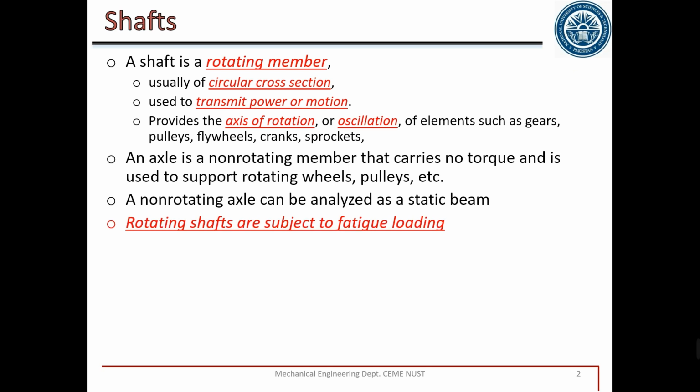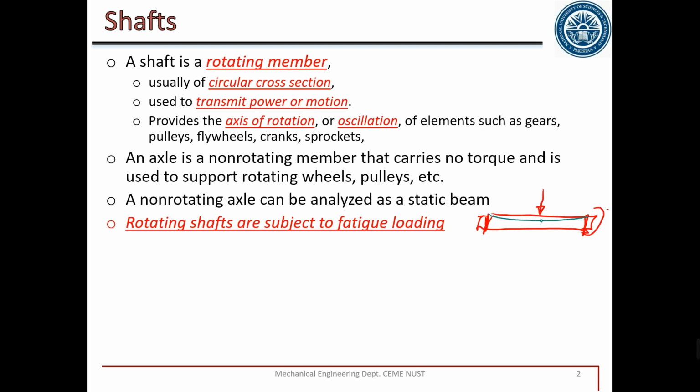But when it is rotating, the shaft is a rotating element. It is under fatigue loading, because let's say there is a shaft like this, there are two supports, one here, and the shaft is rotating about this axis, and there is a load here. Due to this load, if you consider it as a beam, there will be some bending here.